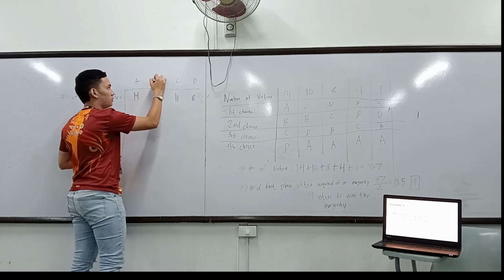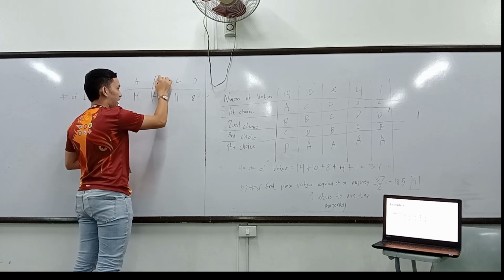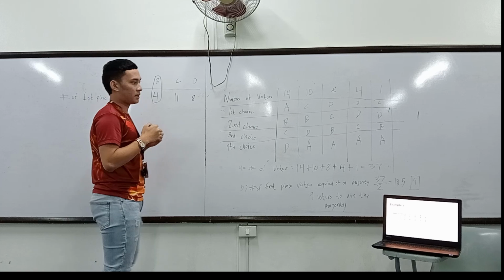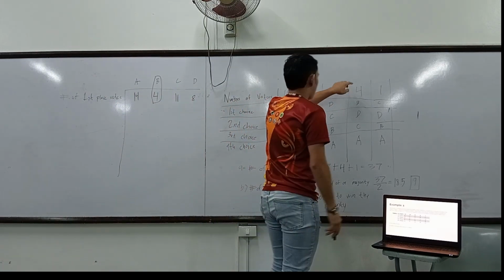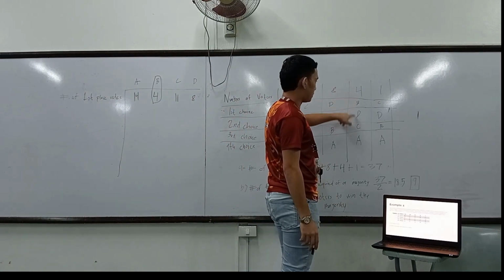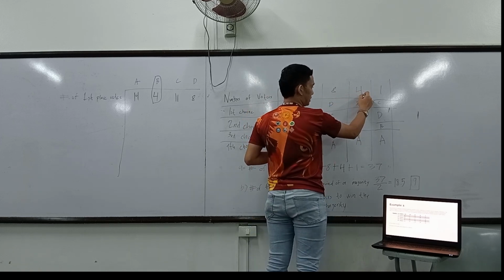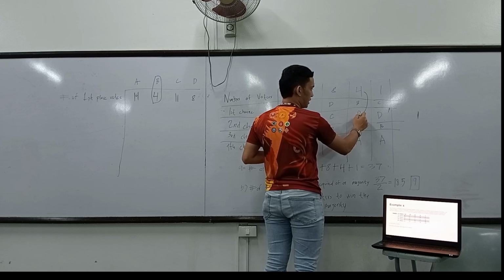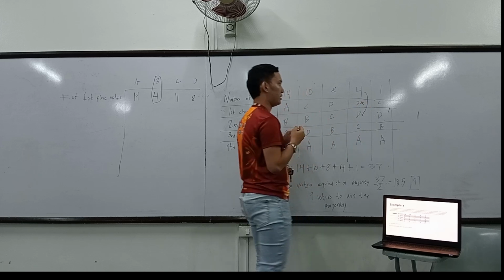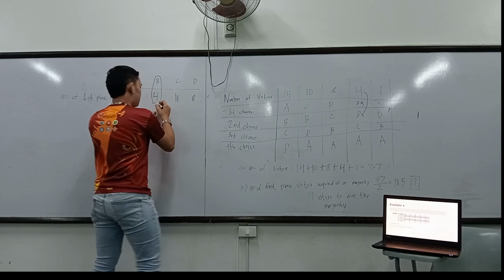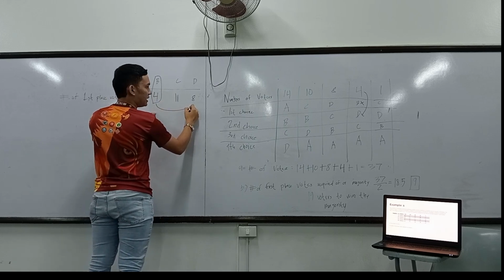So candidate B will be automatically eliminated. But candidate B also got other votes. The 4 will be passed to the next candidate because candidate B is eliminated.